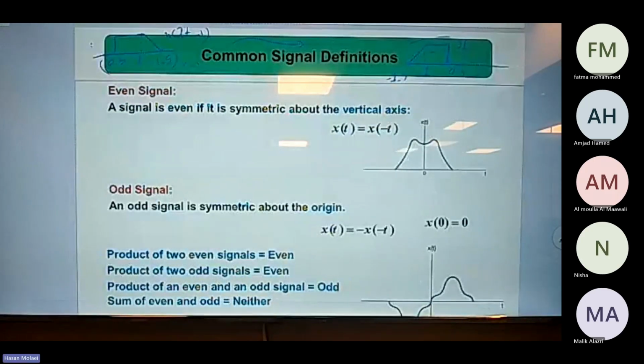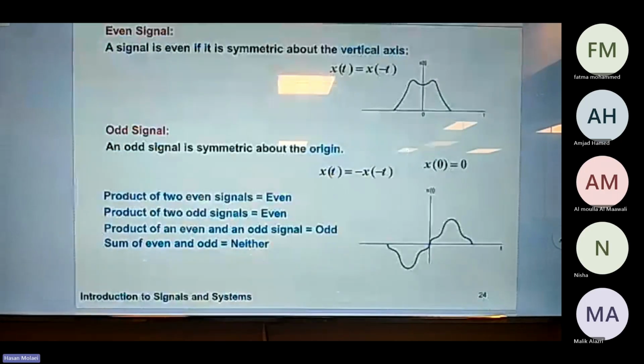Because in a signal that is symmetric about the vertical axis, if you find a point and you continue the mirror, it should be exactly another point on the other side, or x(t) should be equal to x(minus t).